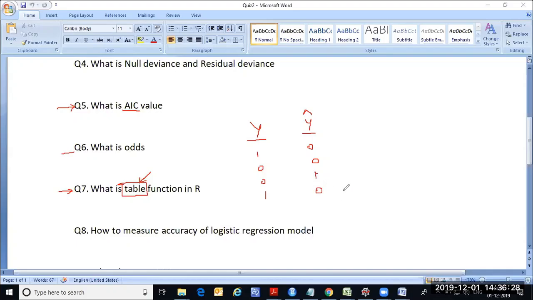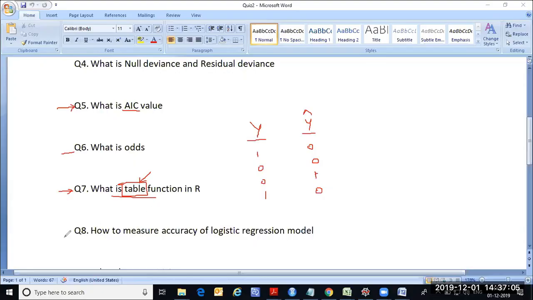How do you measure the accuracy of an output variable which is categorical in nature? Only through the confusion matrix, right? If you have only 2 categories, you can straight away draw the confusion matrix. But if you have more categories in your output variable, that's where we go for this table function to develop the cross tabulation. It could be 3 by 3, 5 by 5, 10 by 10, any number.